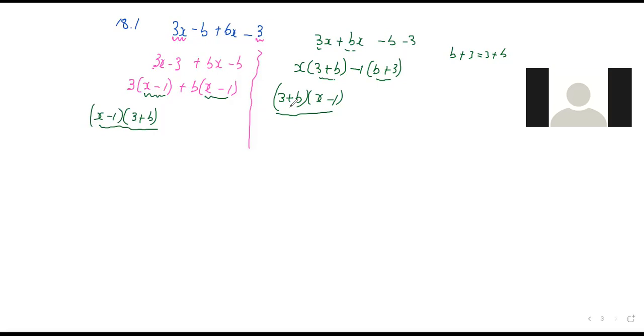Now, let's go to 17.2. I think 17.2 was asking us to simplify.